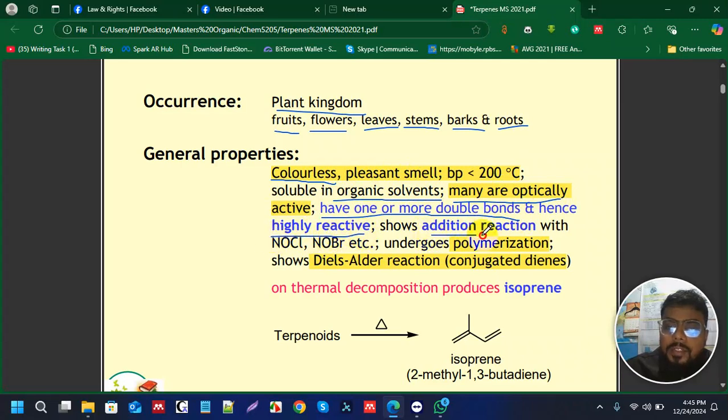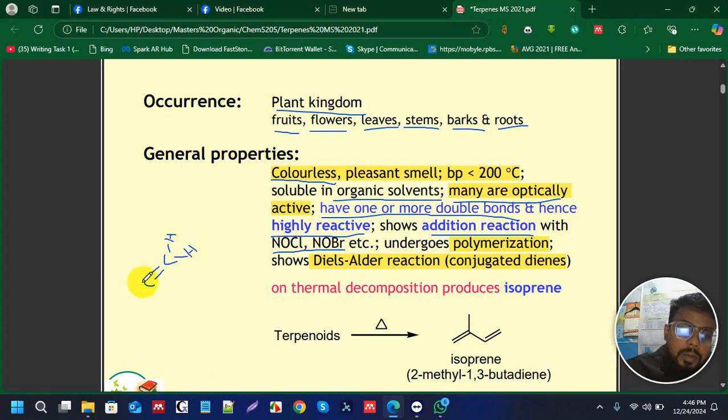They show addition reactions with nitrosyl chloride and nitrosyl bromide. If we give an example, it's a carbon, another carbon, a carbon-carbon double bond, with hydrogens. So we can draw a compound called ethylene or ethene.